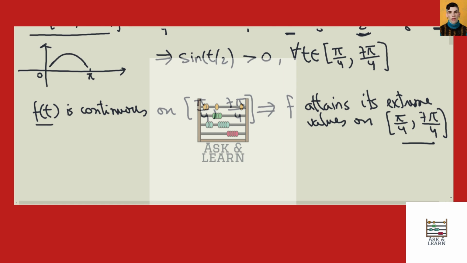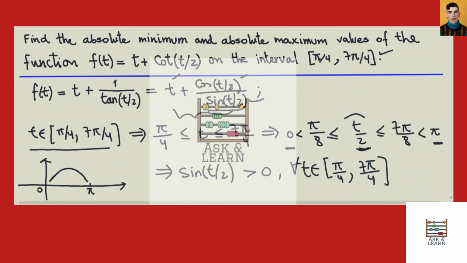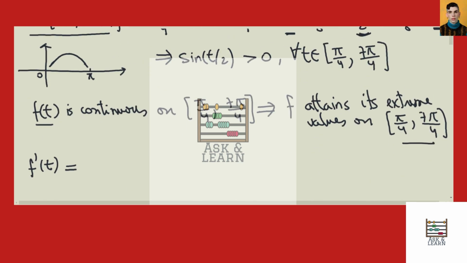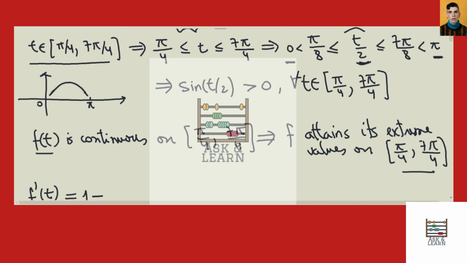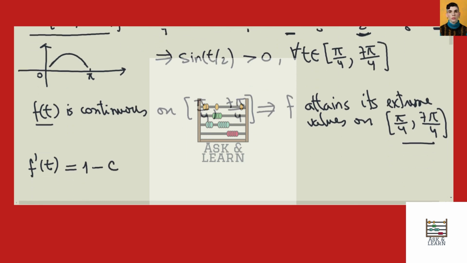We also know that these extreme values are attained at either the endpoints of the interval or at critical numbers of the function. So we have to find the critical numbers of f, and for that we calculate first the derivative of f, and this is equal to 1 plus the derivative of cotangent of t half, that is negative cosecant square of t half times the derivative of t half, which is 1/2.